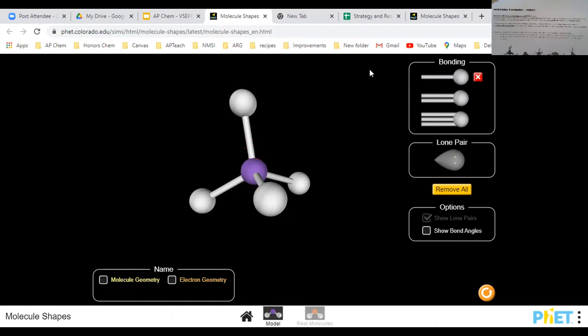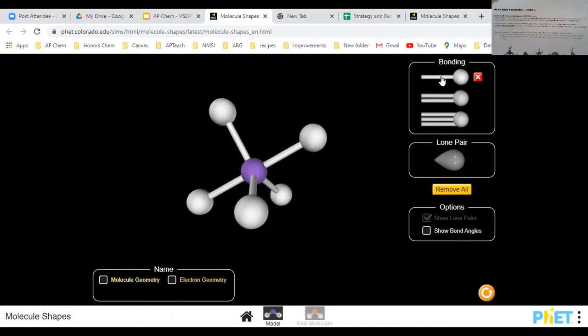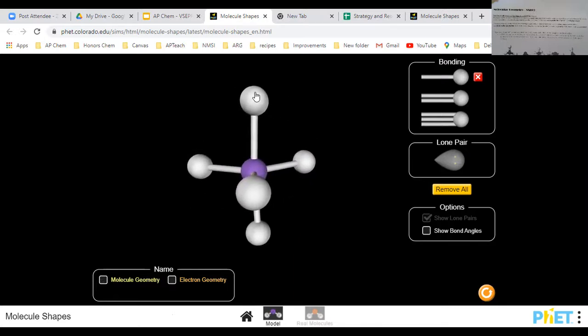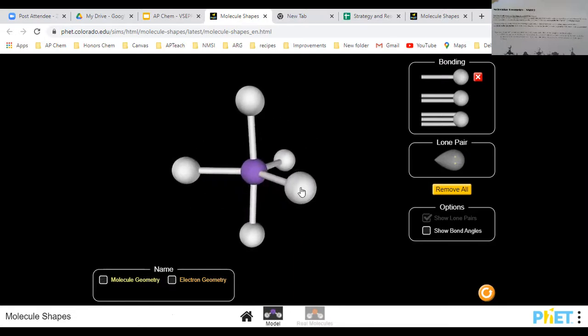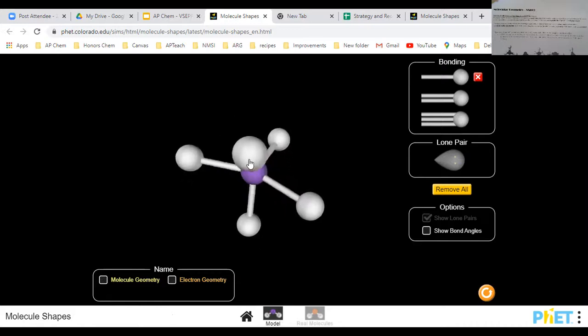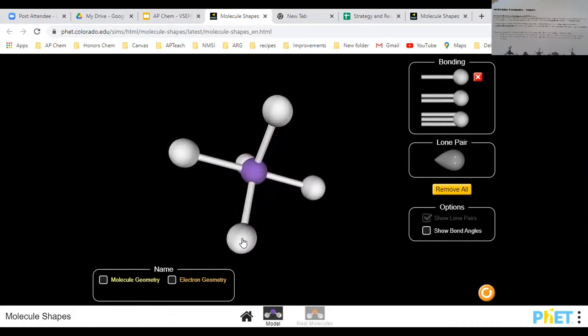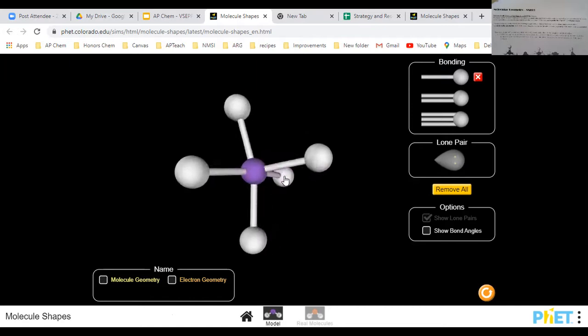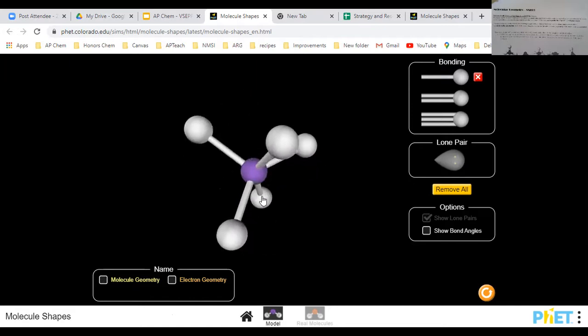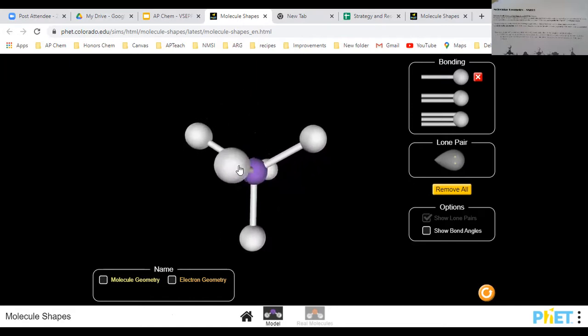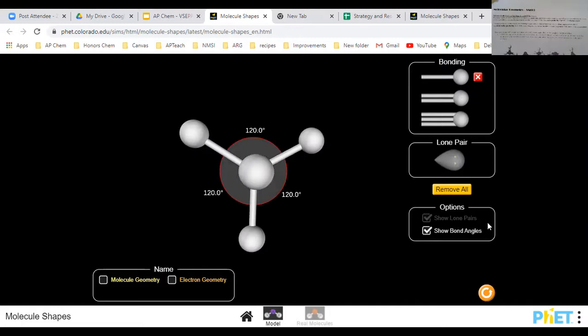Our molecules can also have a total of 5 areas of bonding. Now, do you see, if I try to bring this, we see how it's fighting me. All right, here is the trigonal planar. These are separated by 120, remember?